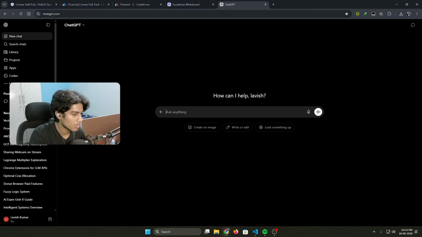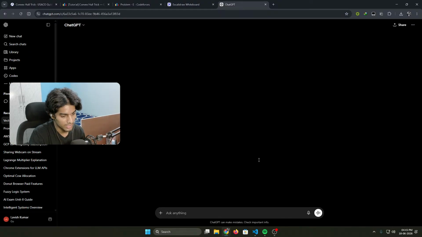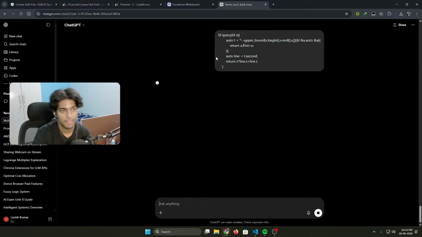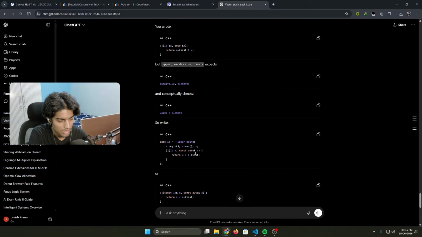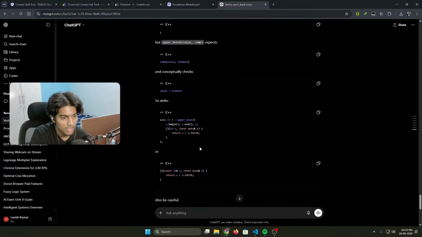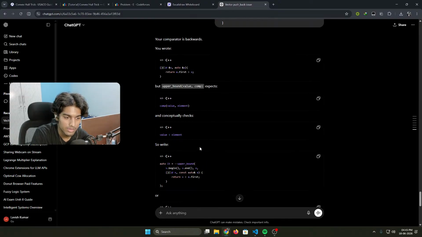ये क्या है और किसका कोड है? This is CST, Convex trick. You wrote this, but upper bound expects comparator value and element and conceptually checks this. I don't understand. Where? Either write this.